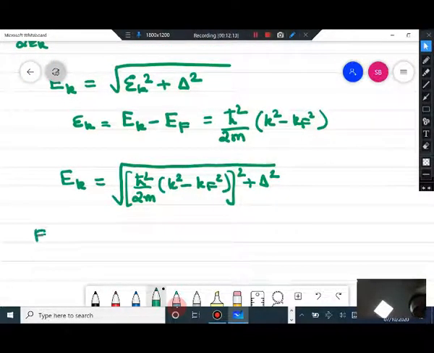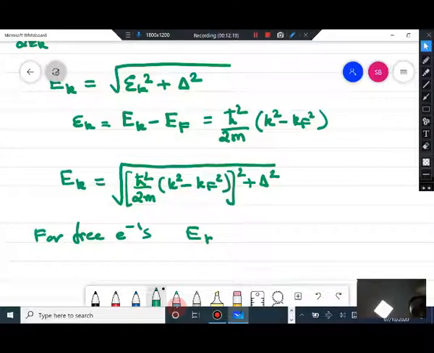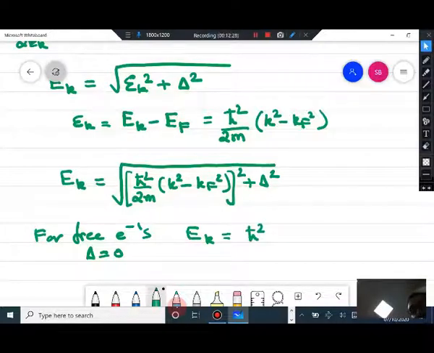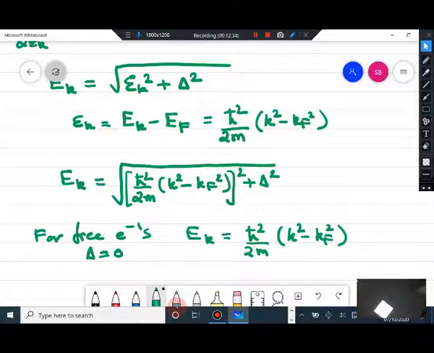For free electrons, delta is equal to 0. So this is nothing else but h cross square by 2m, k square minus kf square.